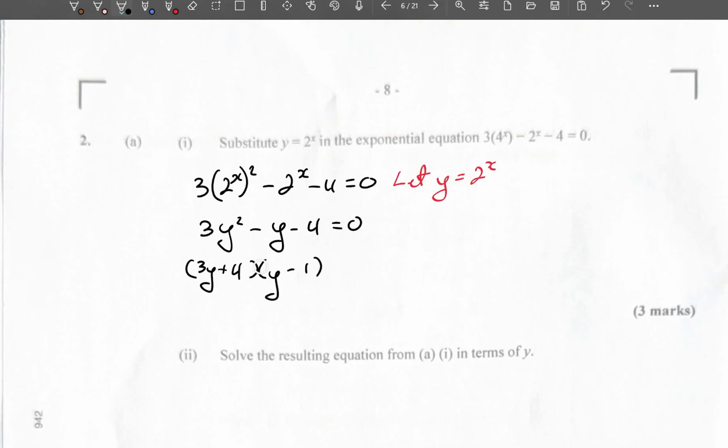So let's see, 3y by y, that's 3y squared. 3y by minus 1, I did this wrong, so this needs to be minus 4, this needs to be plus 1. So 3y by y, that's 3y squared. 3y by 1, that's plus 3y. Minus 4 by y, that's minus 4y. So we do get the minus y in the middle. Then minus 4 by plus 1 is minus 4.